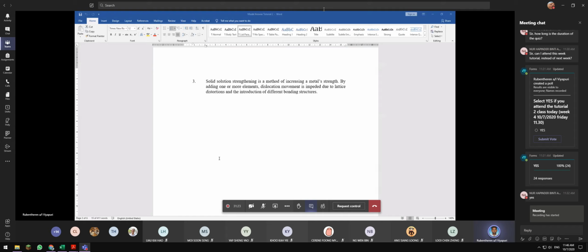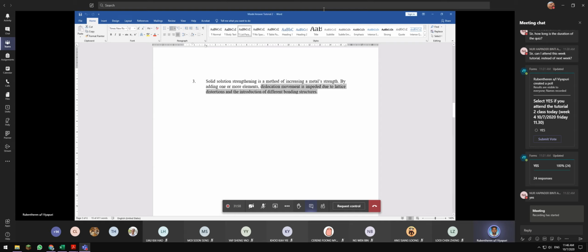You can look into lecture 3, dislocation, solid solution strengthening. It impedes dislocation. The impurity atom distorts the lattice and generates stress. In your slide 24, small impurities, larger impurities, tensile strain or compressive strain.